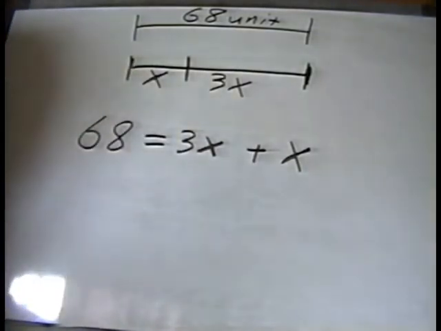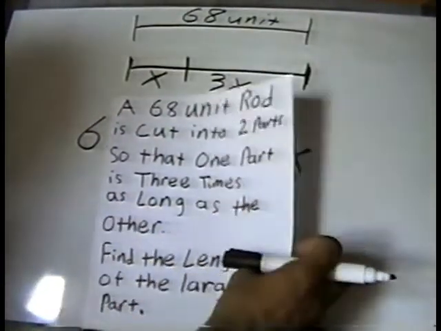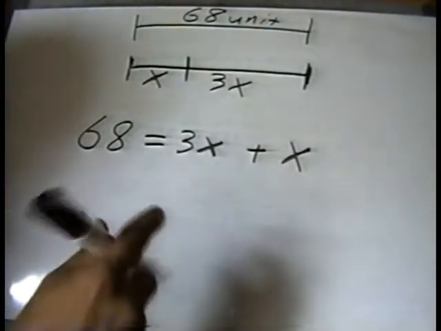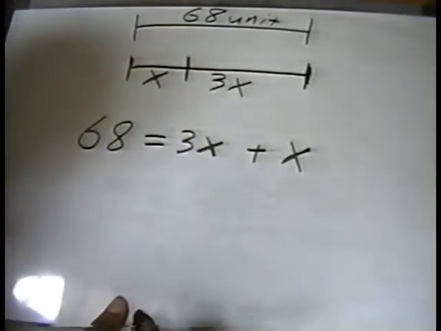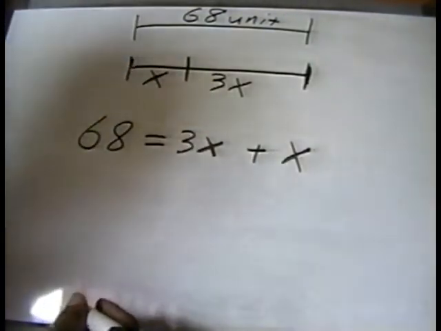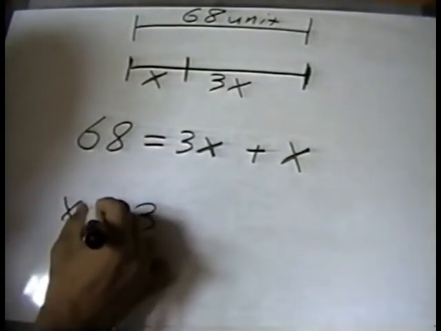Okay? We have 68 equals 3 times x plus x. Now remember, this is correct. It says 3 times as long as.